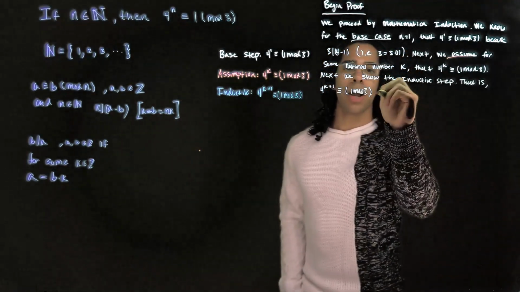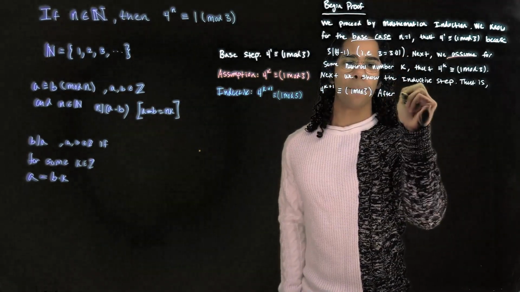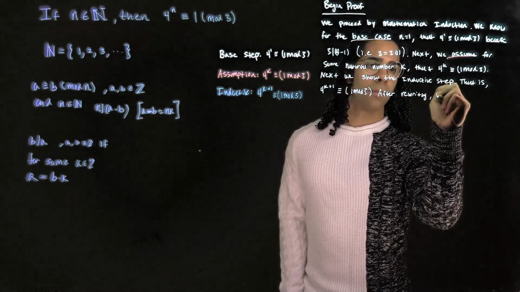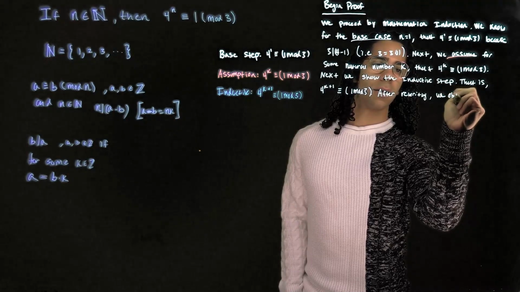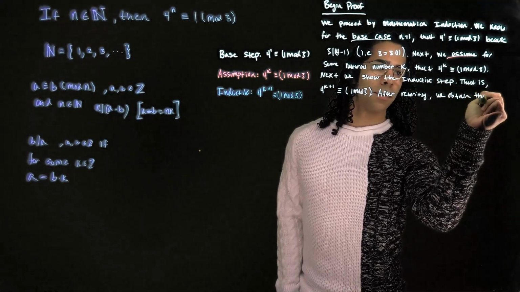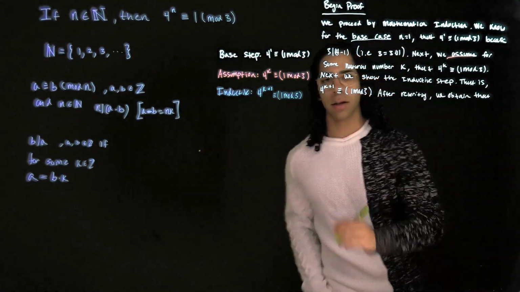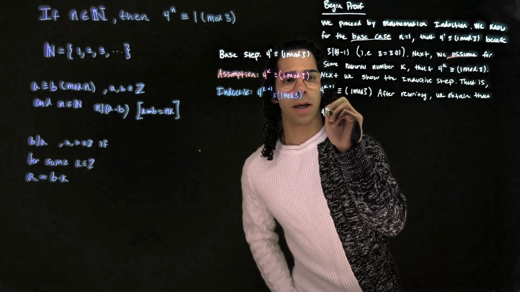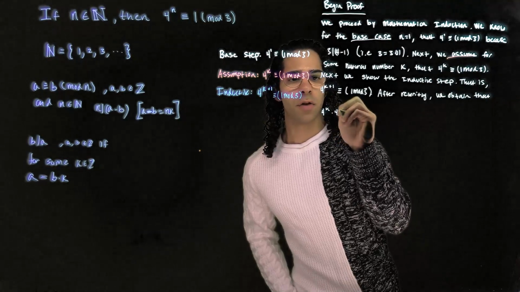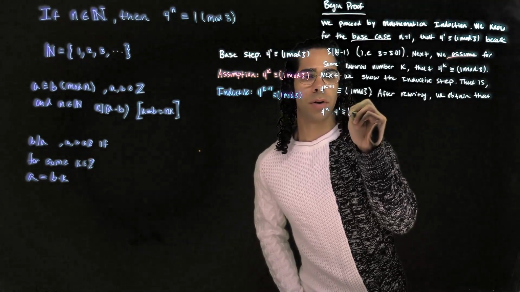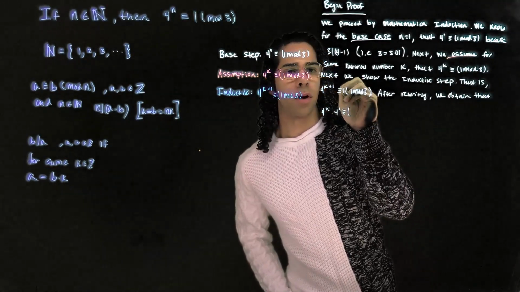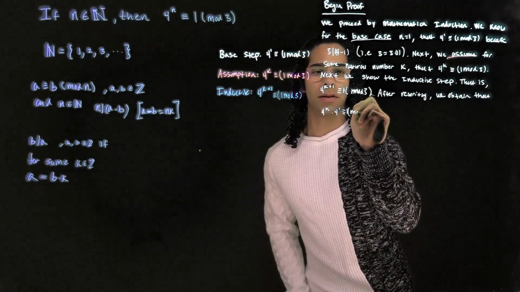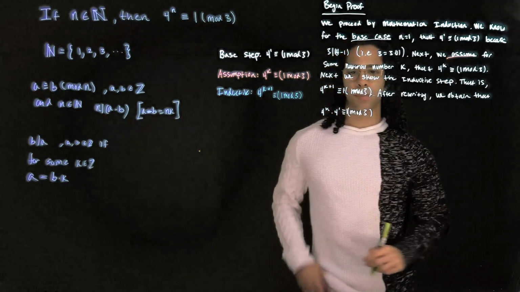And so after rewriting, we obtain that 4 to the k times 4 to the 1 is congruent to 1 modulo 3.